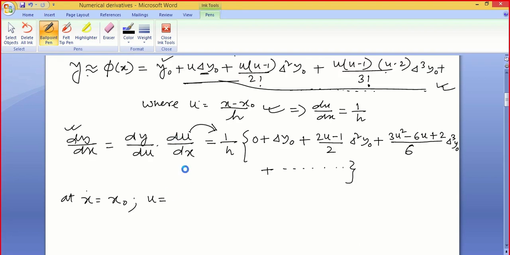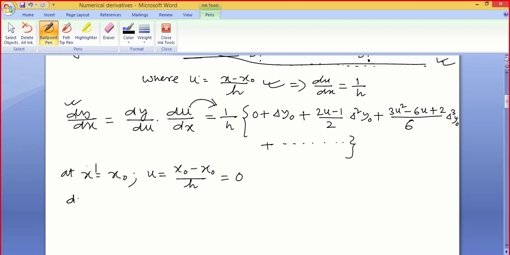When x equals x0, what will be the u? x0 minus x0 by h, that is 0. So dy by dx for the given set of data points at the initial point x equals x0, you will get a nice expression here. In this expression, wherever you have u, in place of u you just put 0.